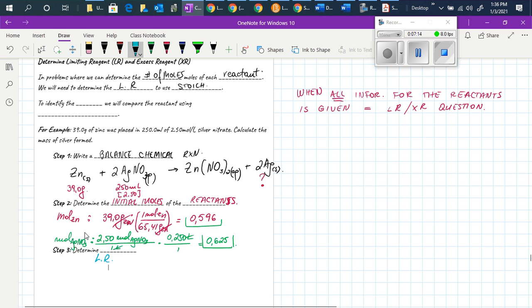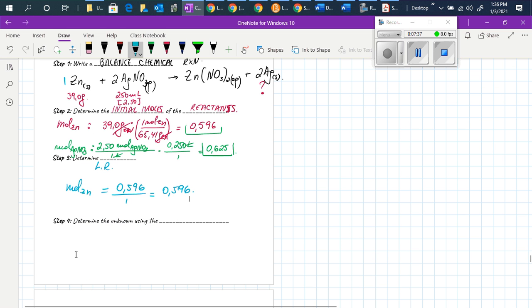We have the moles of zinc as 0.596, and the coefficient near zinc is 1, so 0.596 divided by 1 is 0.596. For silver nitrate, the coefficient is 2, so 0.625 divided by 2 is 0.313.